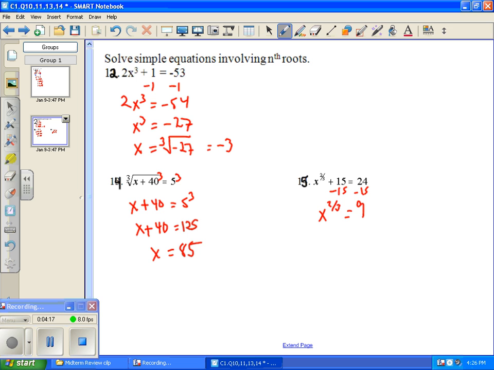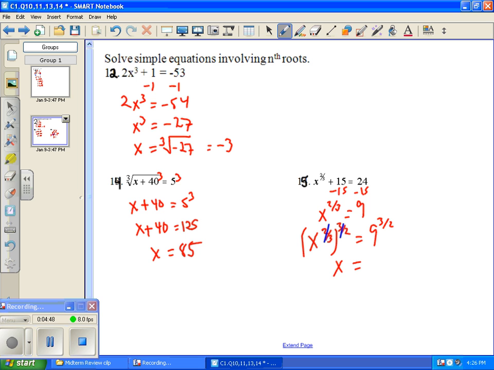Now what we want to do is raise both sides to an exponent that's the reciprocal of that fraction. So we are going to take x to the 2/3 and raise that to 3/2, and do the same thing on the other side, 3/2. Now, 2/3 times 3/2, these two cancel out. So on the left, we just have x, and that was the reason we did that.